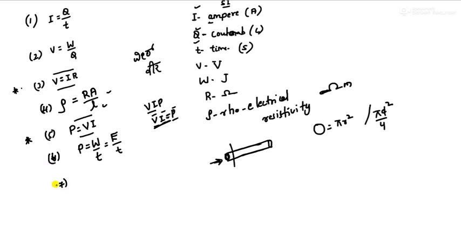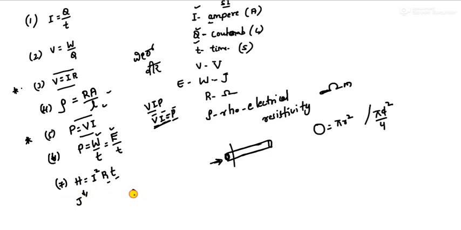Next we have a formula for heat energy, which is equal to I square R T, and its unit is again joule. Work done and energy units are again joule, both of them are the same. T is time, R is resistance, and H is heat energy, again in joule.